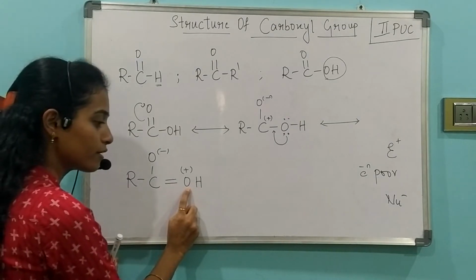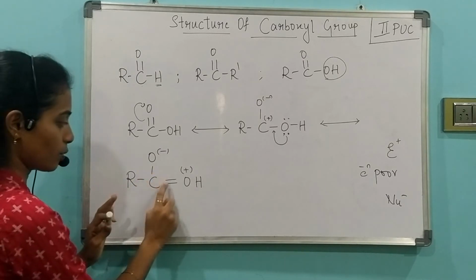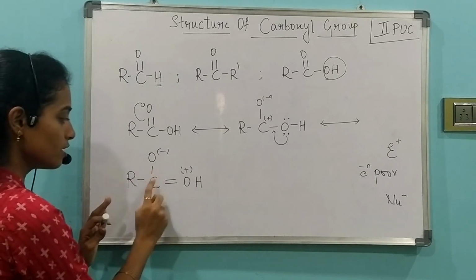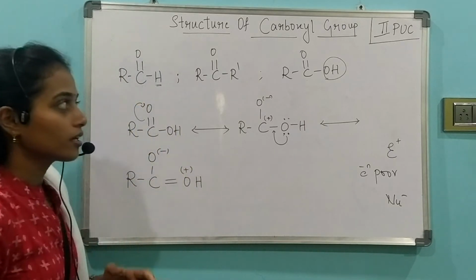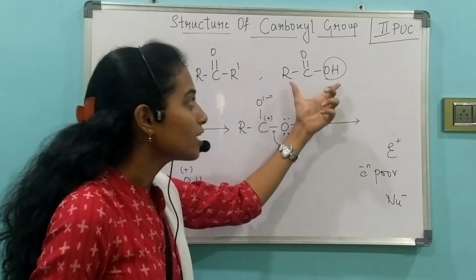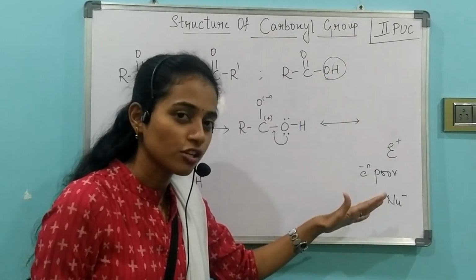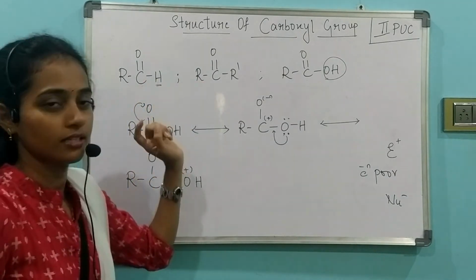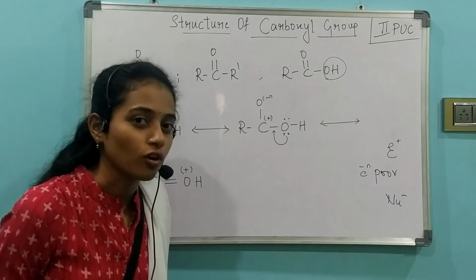Oxygen gave the lone pair of electrons, and the valency is fulfilled again. The carbon is having 4 bonds, so it is fulfilled. So the carboxyl group in the carboxylic acid is less electrophilic in nature than the aldehydes and ketones, or than the carbonyl carbons. I hope the concept is clear.